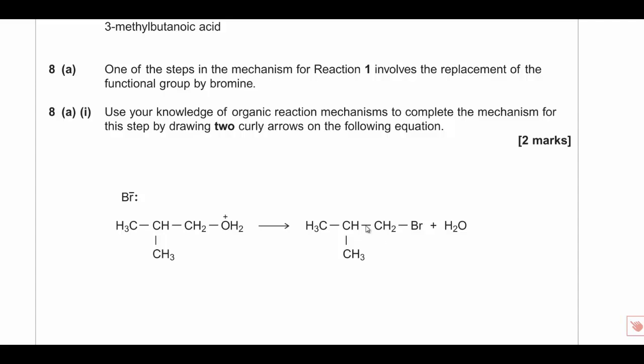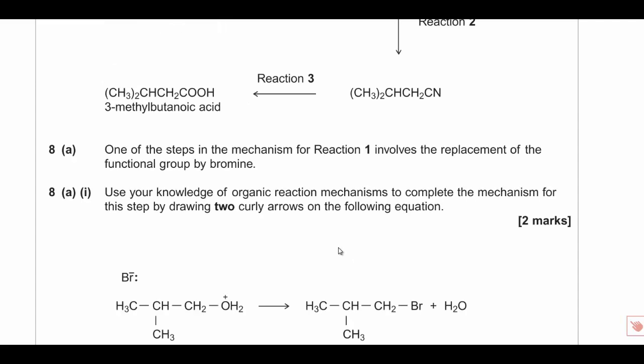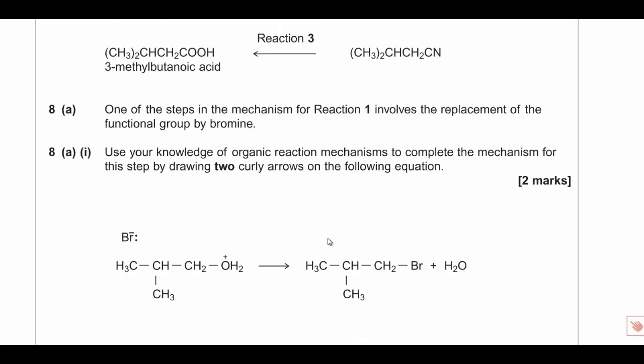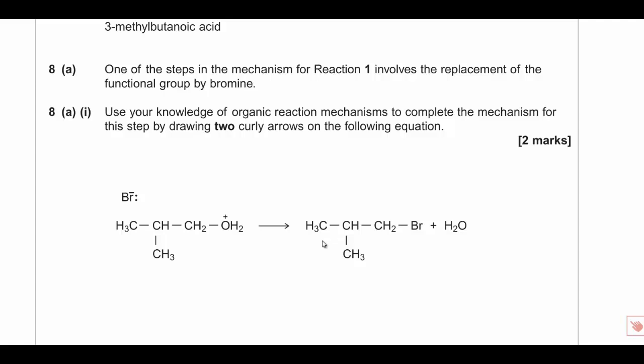So let's have a look. What are we going to do? So we know that H2O is going to be produced, and that's going to be this portion here. So what we're actually going to find is this is going to move on to there, and actually, think how to describe this.